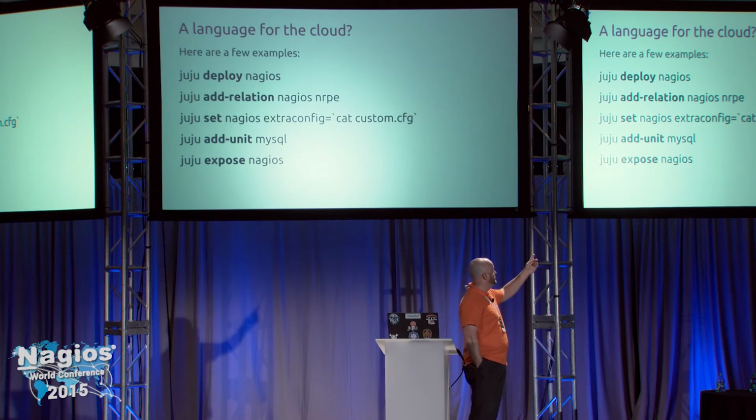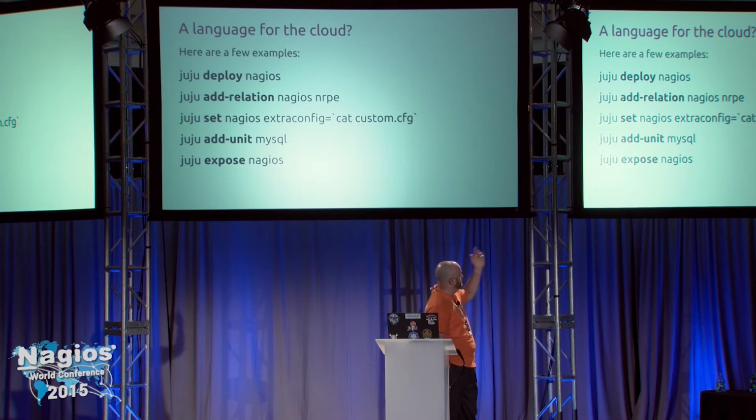Juju set is setting configuration on a charm. As I mentioned before, we have an extra config. You can put in your own custom configuration file. And then add unit will scale up. MySQL, for instance, will do master-slave replication if you scale it up. And it knows about the other ones, so it automatically will set that up.